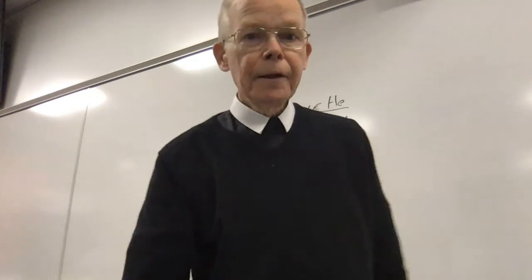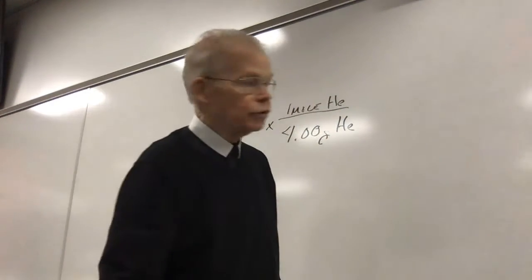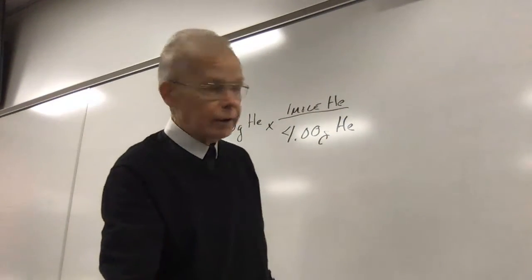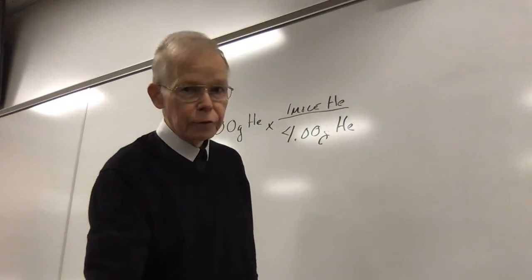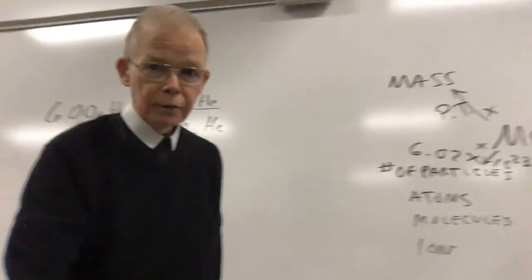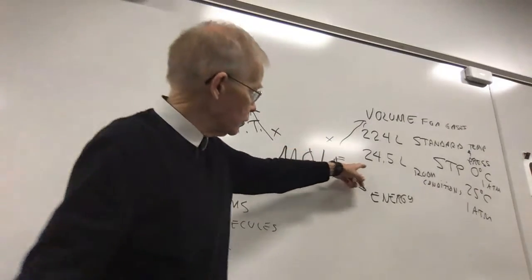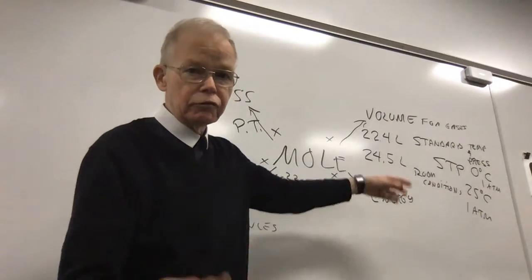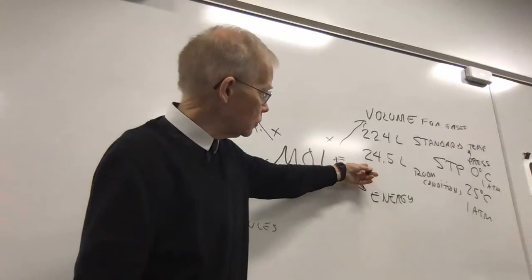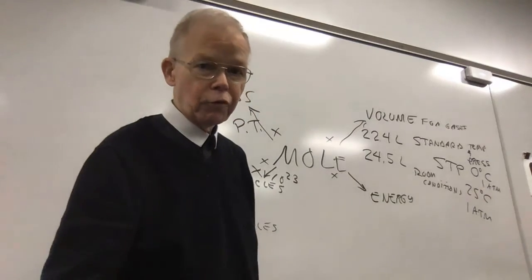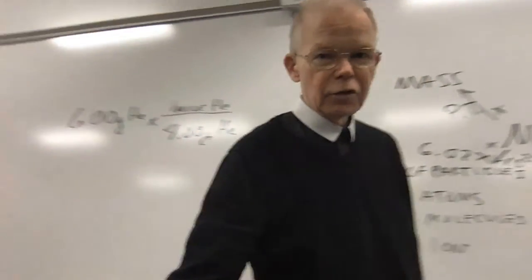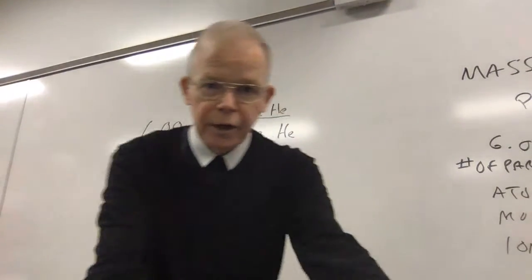And then I can do my next step, which is to go from the mole quantity to my volume quantity. So going back over here, I'm going to pick one of the volumes that's in my diagram. Let's suppose it's a party balloon that it's at room conditions. So I'll consider the volume to be 24.5 liters, the little larger size box that we talked about.